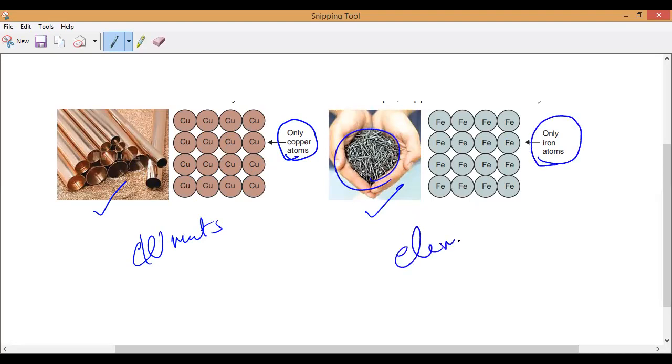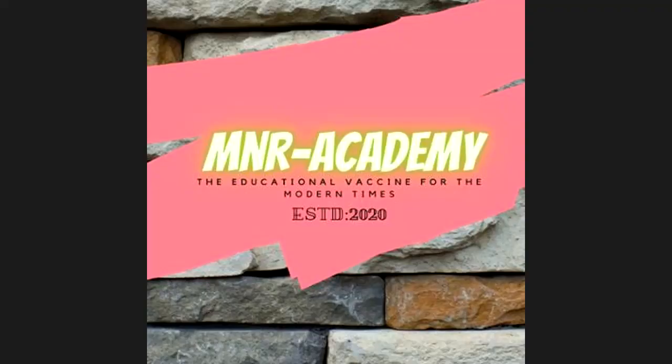Iron is also called an element and copper is also called an element, because copper contains only copper. Have you noticed it? Copper everywhere. In the same way iron also. So that is why they have only one kind of atoms.